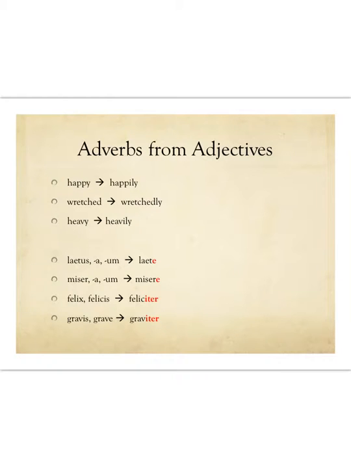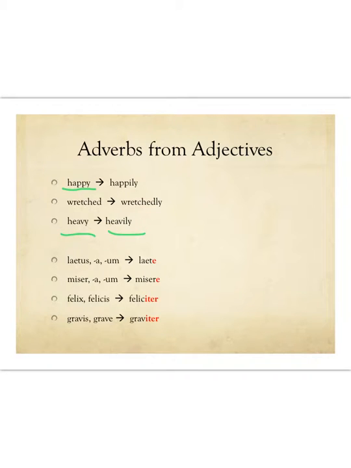So if you look at this example, we have an adjective like happy, and we add ly to it, and it becomes happily. We can do this for not all adjectives, but for a lot of adjectives, where wretched becomes wretchedly, or heavy becomes heavily. So this is just a common way.